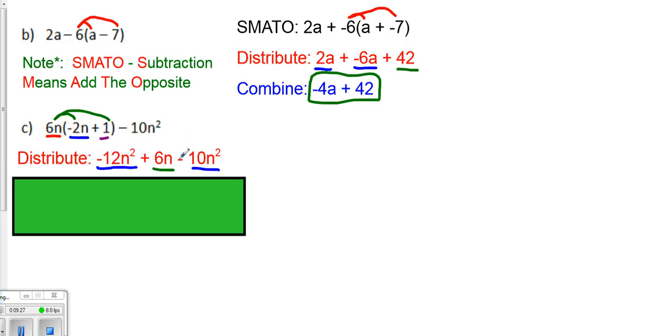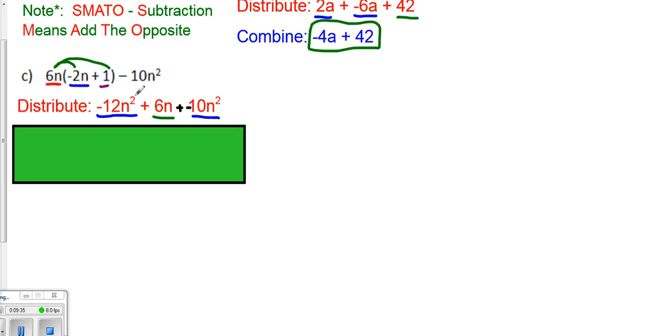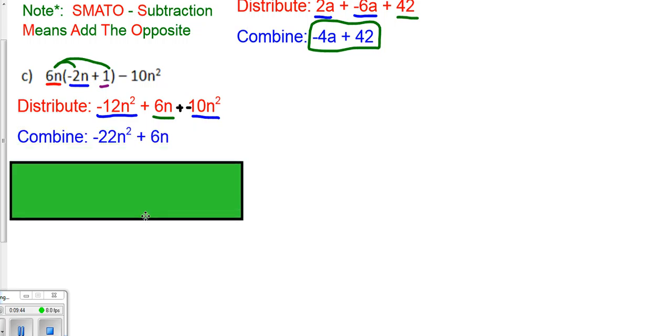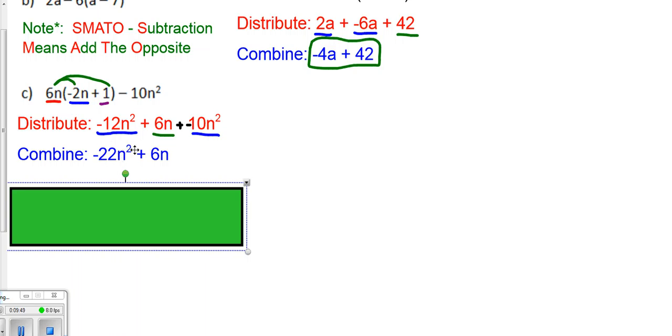And because this is minus, we're going to SMATO it really quick and call it plus a negative 10. So we have negative 12n squared being combined with a negative 10n squared. So negative 12 plus negative 10 becomes negative 22. So we have negative 22n squared plus this 6n at the end. And that would be our simplified expression.